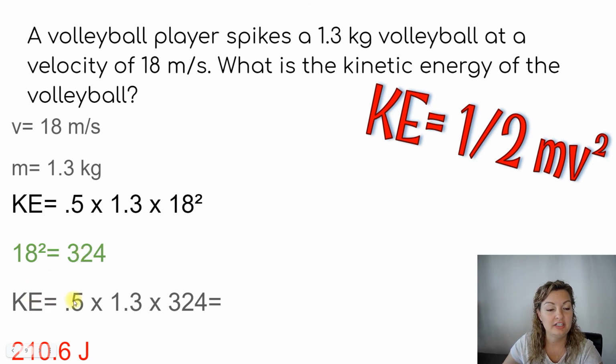Kinetic energy equals 0.5 times 1.3 times my new answer for velocity, the 324. If I multiply that across in my calculator, I get 210.6 joules. Don't forget the joules at the end, capital J.